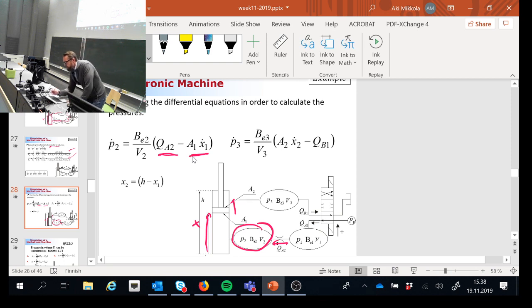Then, when the piston is moving in this direction, it is pushing more flow into this particular volume. That's why this has a positive sign, and this is taking flow off, so that's why this has a negative sign. Clear? What is missing is this one.